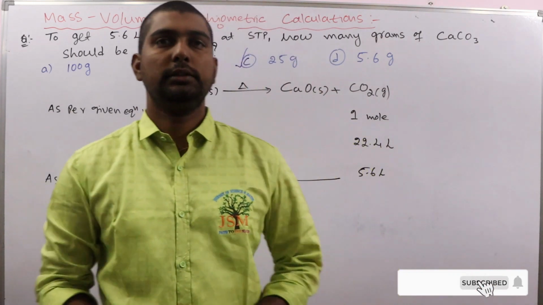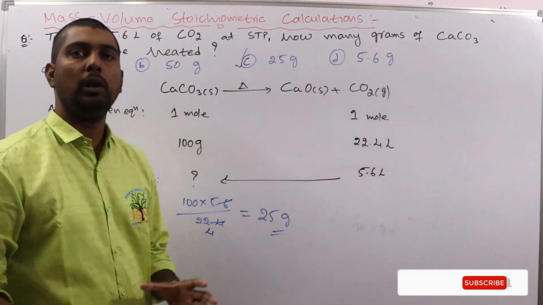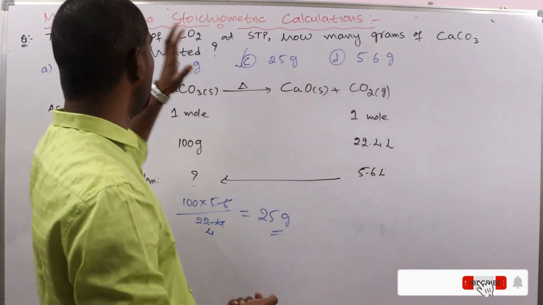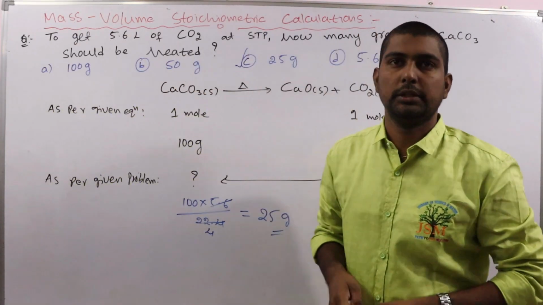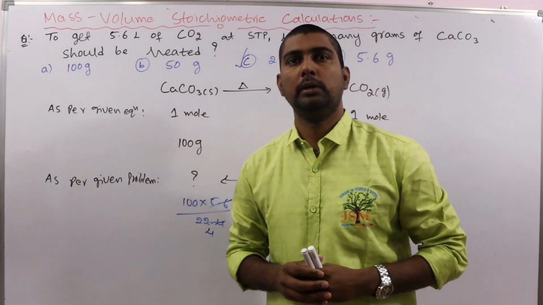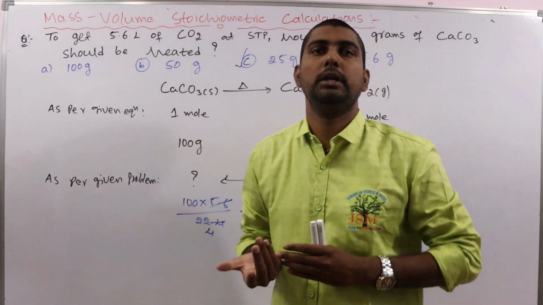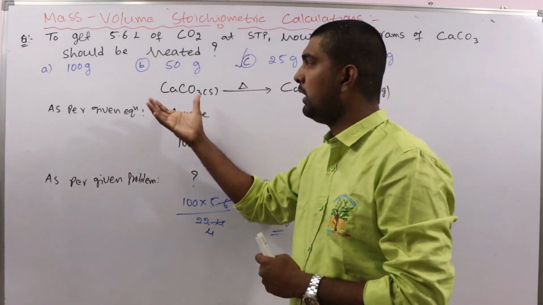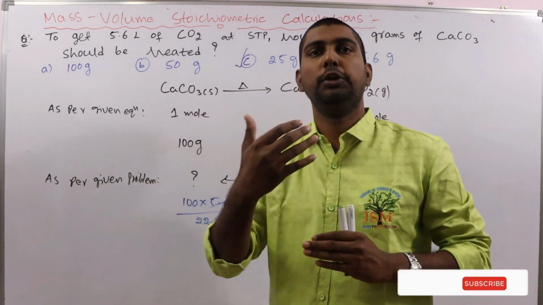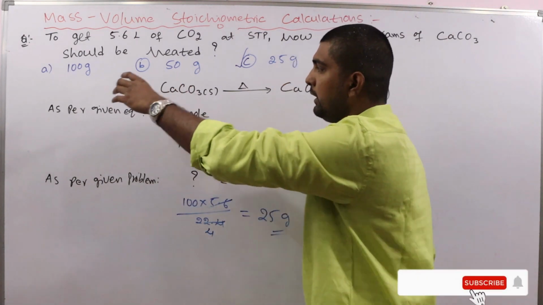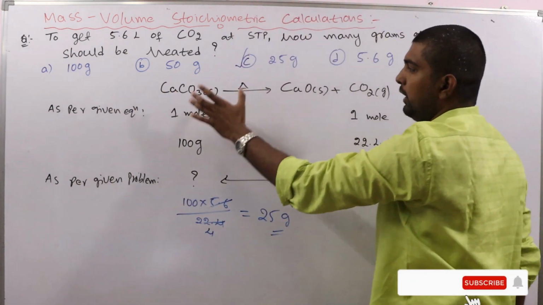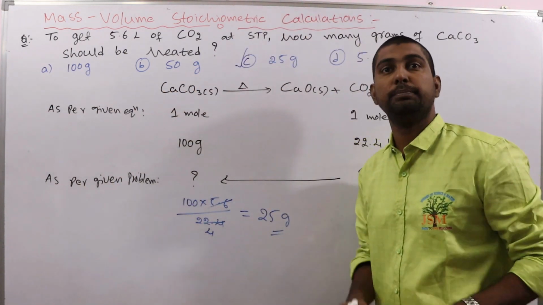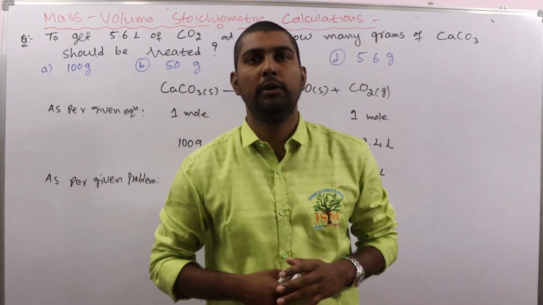So we discussed mass relationship, volume relationship, and this is the mass volume relationship stoichiometric calculations. In every problem the procedure we are following is the same, yes or no? First write the balanced equation if they didn't provide it in the problem, and then according to the given equation, find out the relationship between the species involved in the given problem.